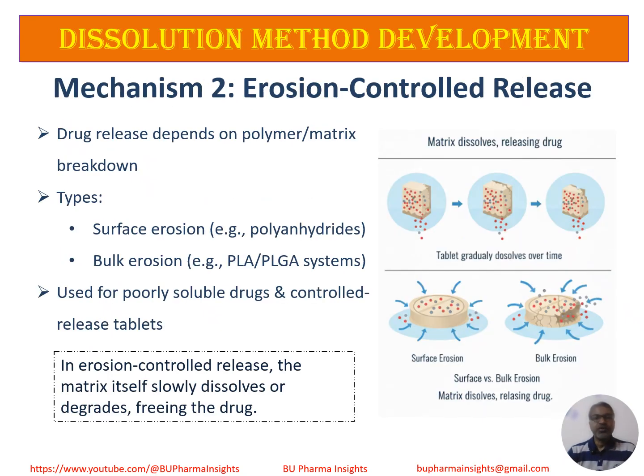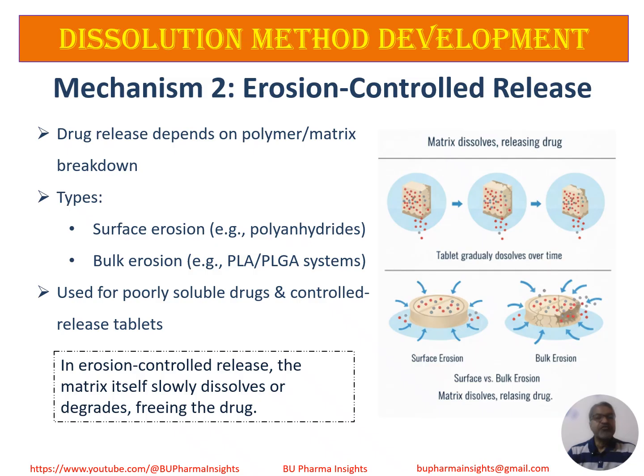In erosion-controlled release, the matrix itself gradually breaks down, releasing the drug. Unlike diffusion, drug release here depends on polymer or matrix degradation, not movement through the gel layer, making it especially useful for poorly soluble APIs.